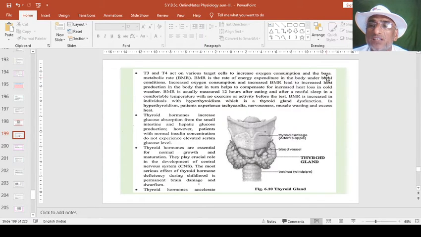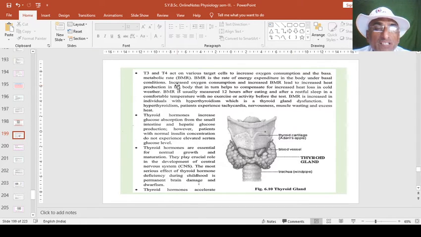Basal metabolic rate, BMR, is controlled by these two secretions. BMR is the rate of energy expenditure in the body under basal conditions.